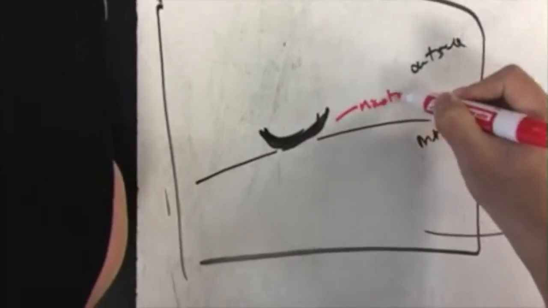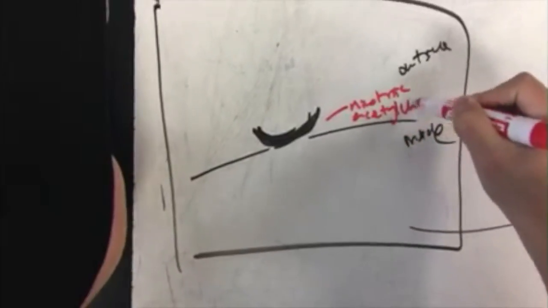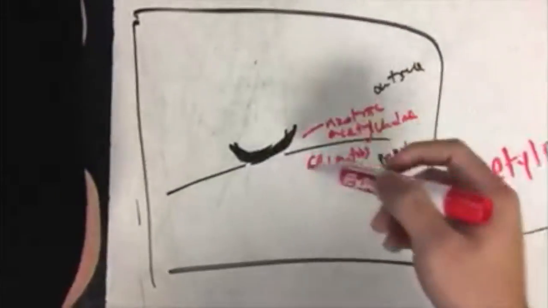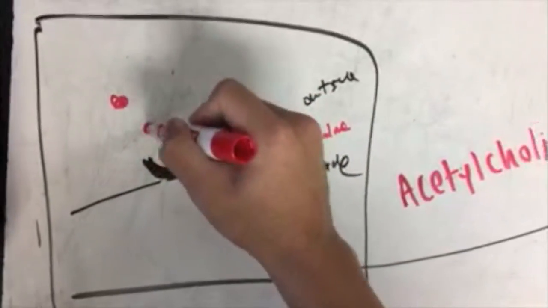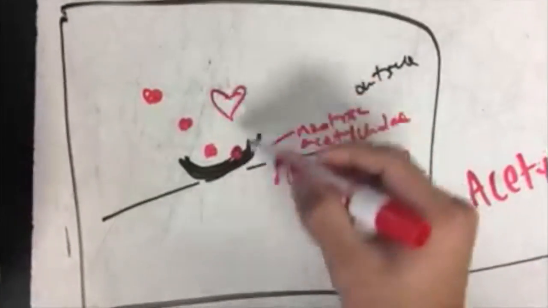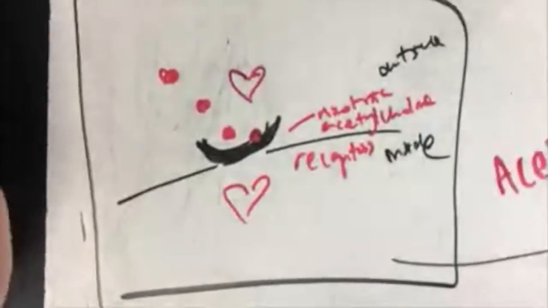Acetylcholine binds to the receptor, causing a response in the skeletal muscle cell and thus movement, for example in the diaphragm or moving the arm. It's bound and everything's good.